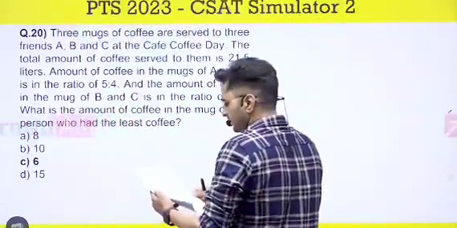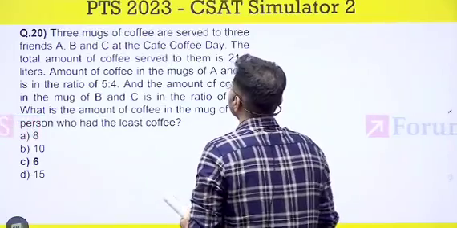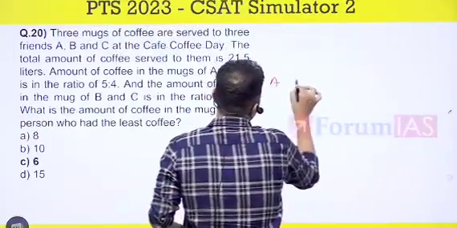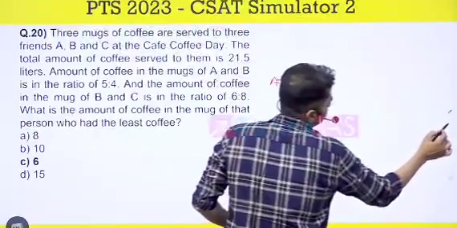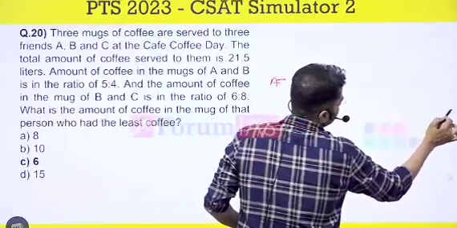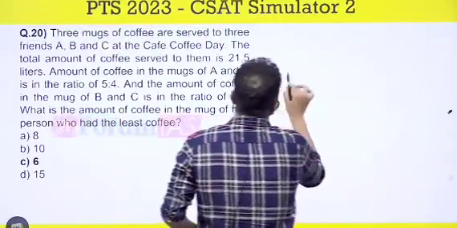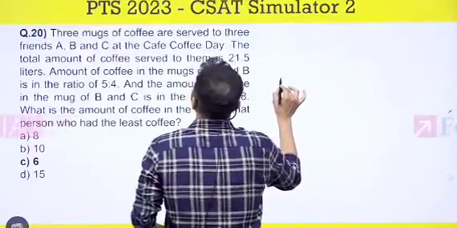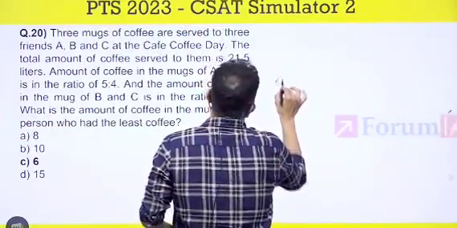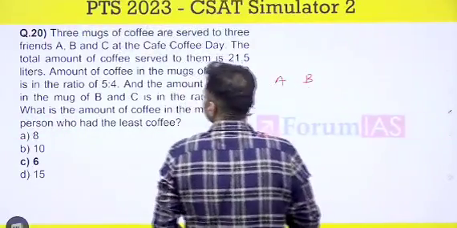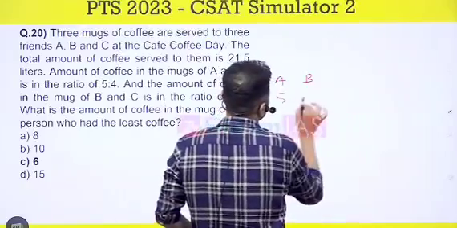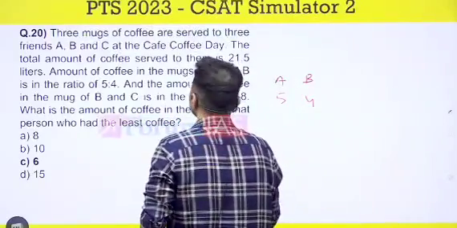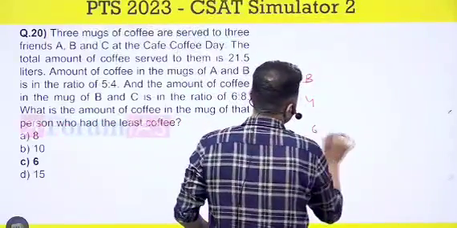Then, this is an easier question. Let me write it. Hold on. It says coffee is served to the friends A, B, and C. A is to B is 5:4. Then B is to C is 6:8.